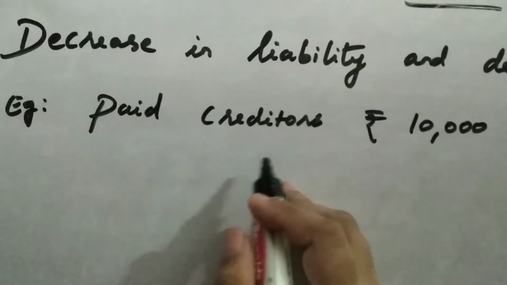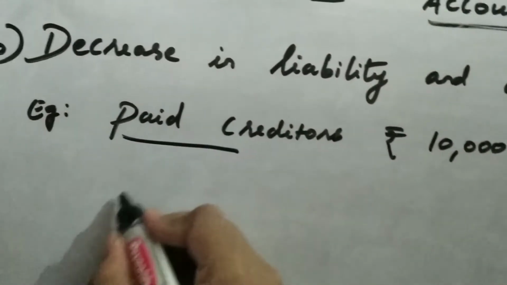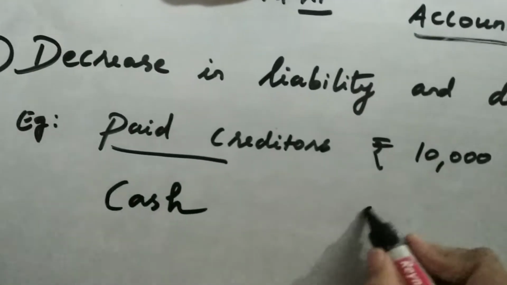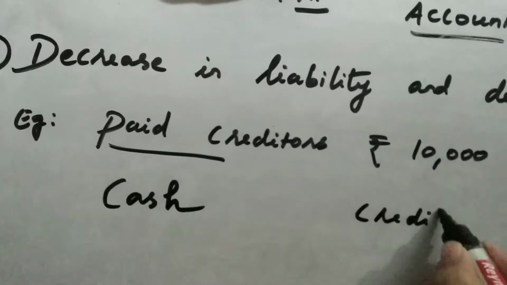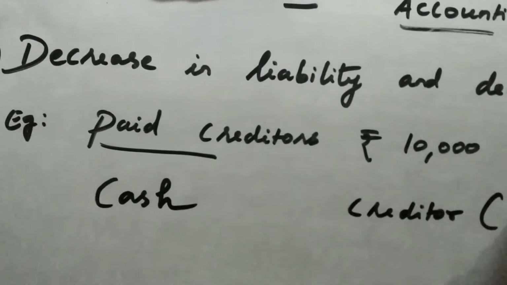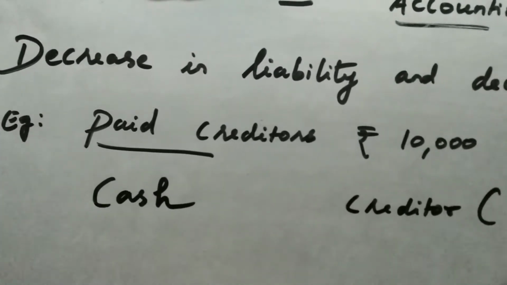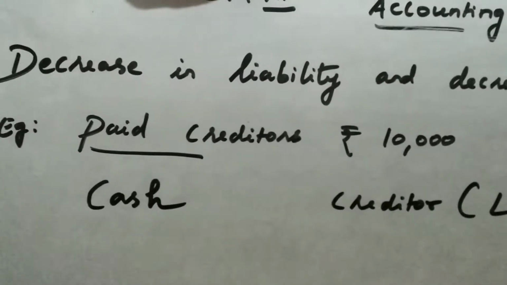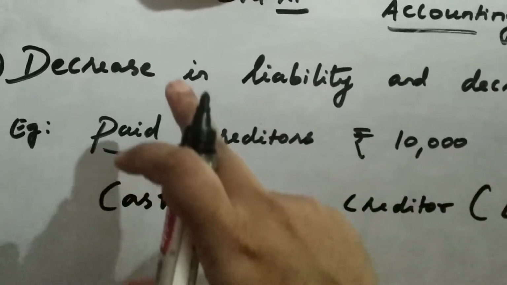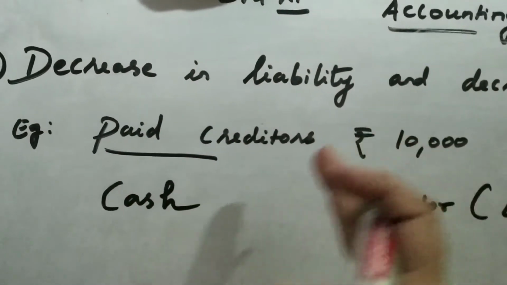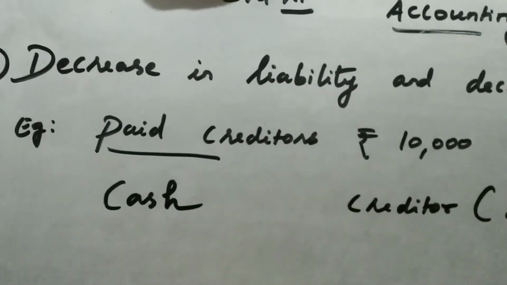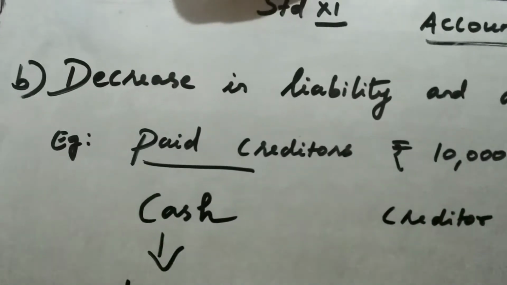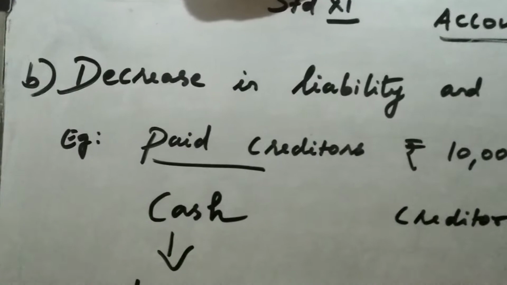So what are the two things involved here? When you make a payment, cash is involved, and the other one is the creditor. This creditor is nothing but our liability. When we make a payment, cash is going out of the business, so there is a decrease in cash.